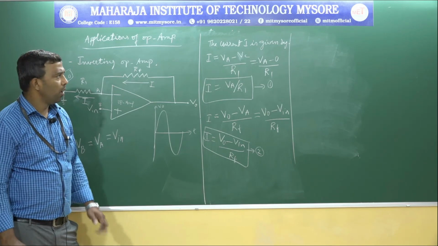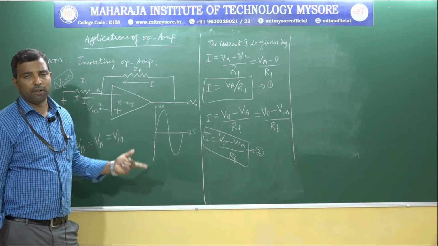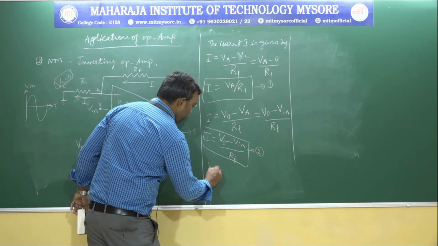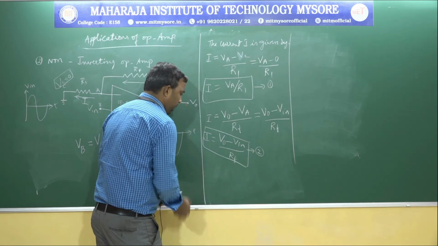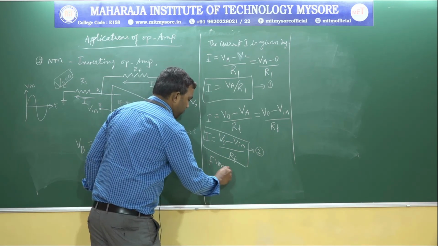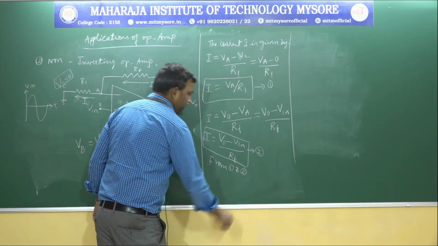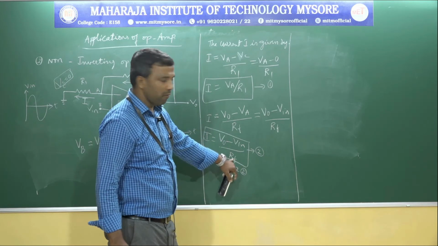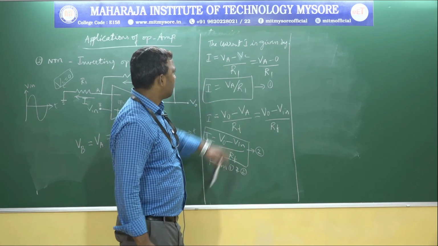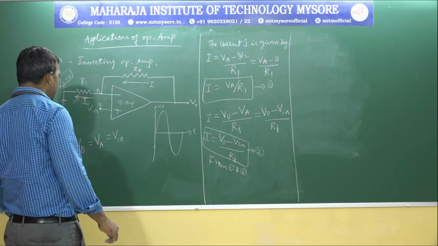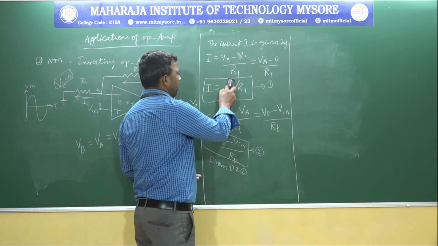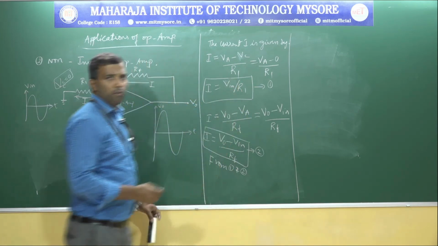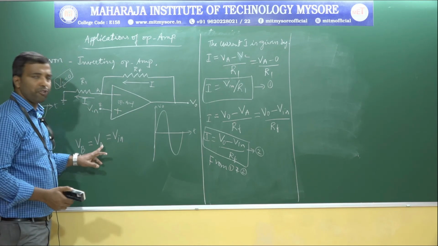From 1 and 2, the LHS are the same, which means the RHS is also the same. Therefore, we can write VO minus Vin by RF equal to I. I will substitute for VA also, because VA is nothing but Vin by the virtual ground property.